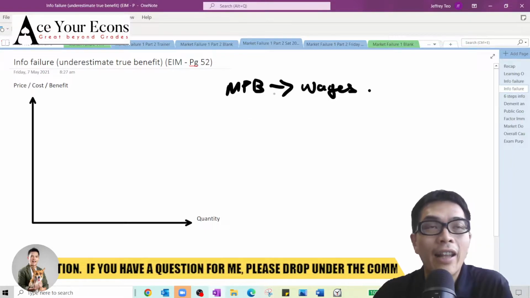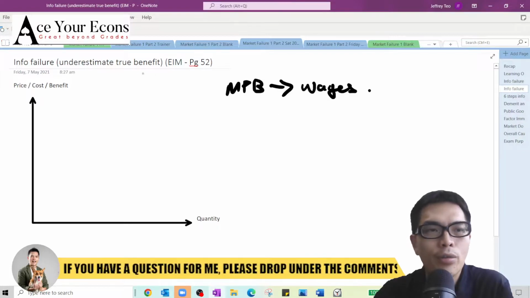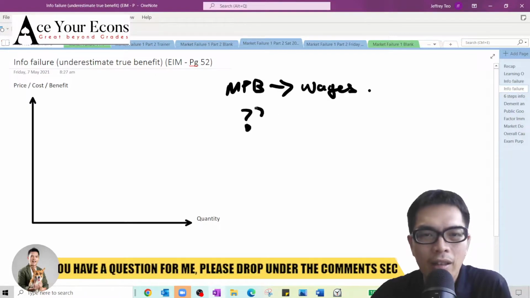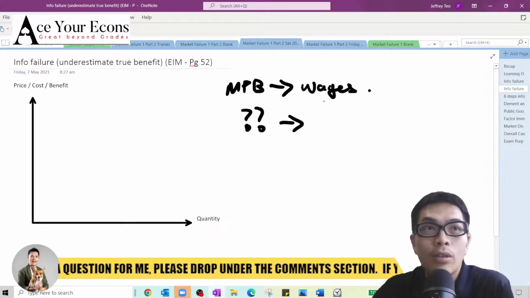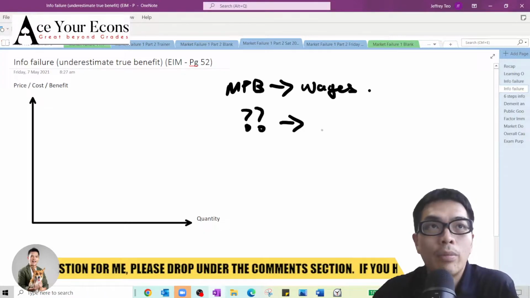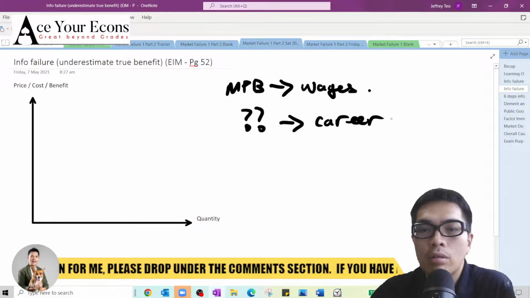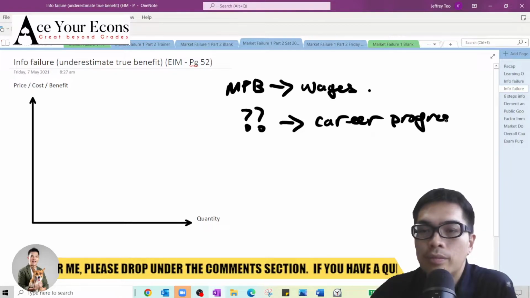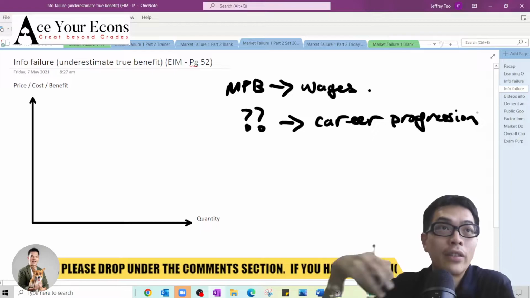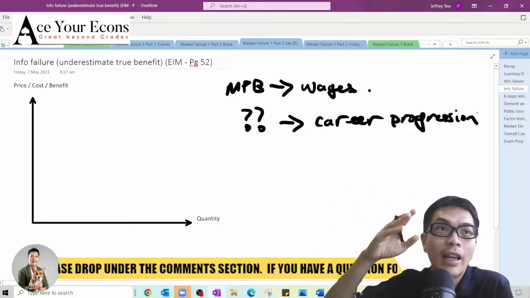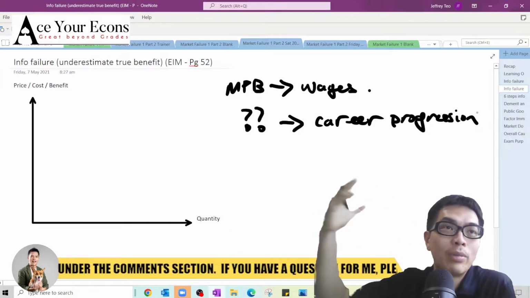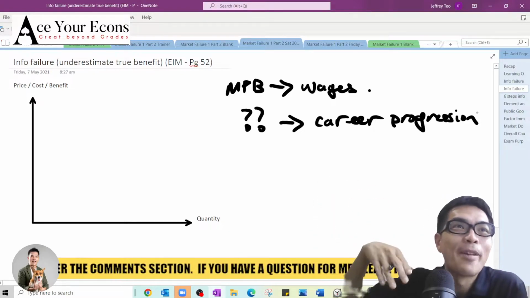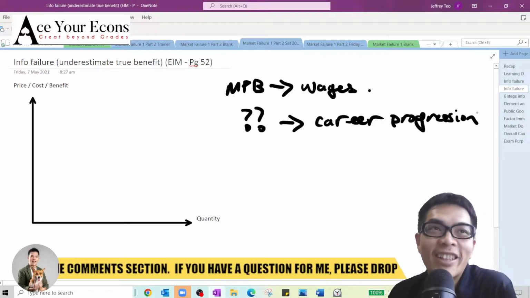So the unknown benefit that you are probably going to get, but you probably won't know because it's going to happen in the future, will be career progression. If you study harder, you probably end up with a scholarship, and you probably get parachuted to some top ranking post, right?